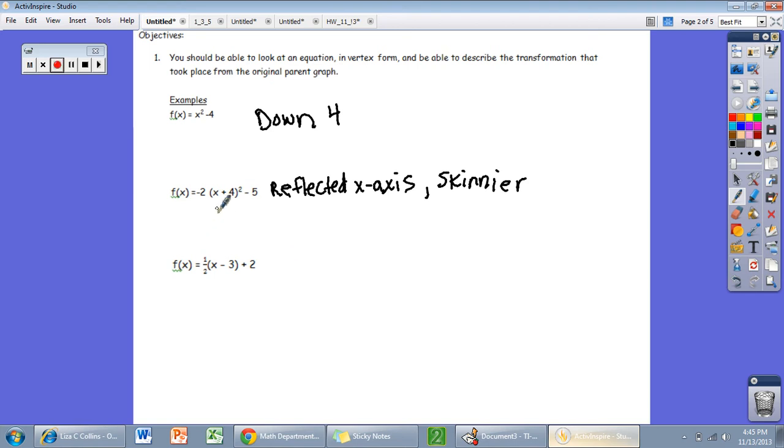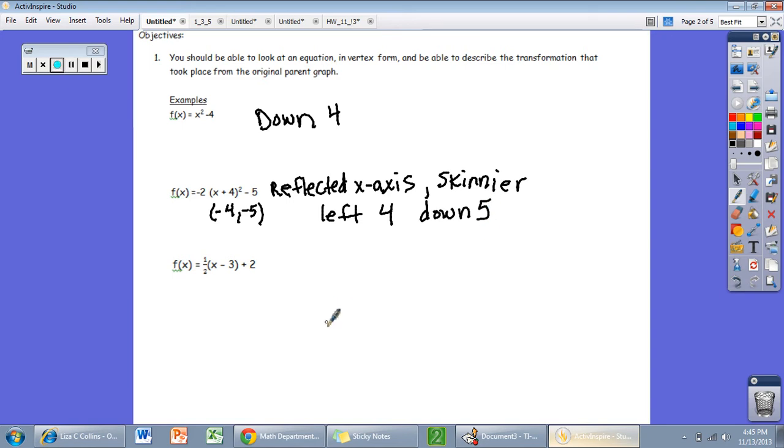If we think of what our vertex is here, our vertex would be a negative 4 and a negative 5. Negative 4 is our shift in the x direction, so that means it's left 4. And our 5 is in the y direction, so that means it's shifted down 5.